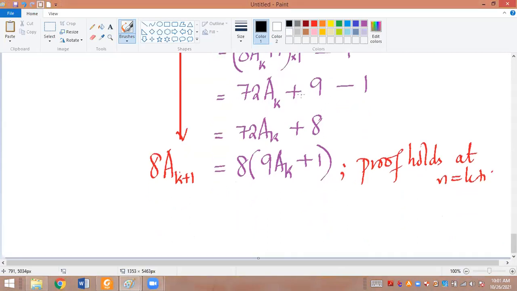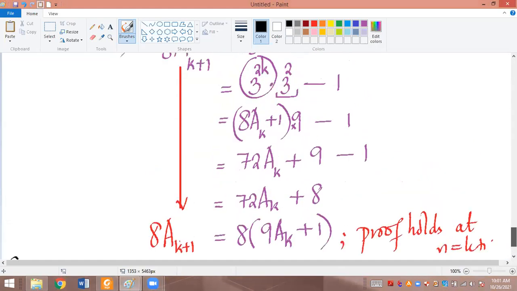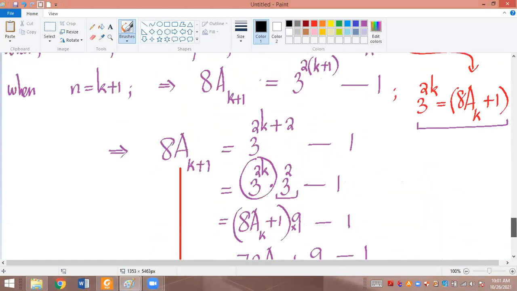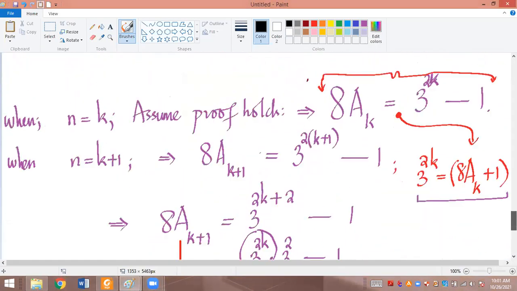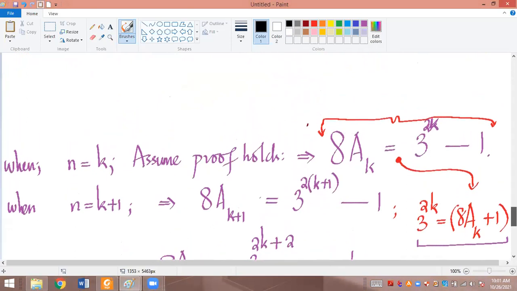Excuse me, sir. Yes, please. Sir, I'm kind of lost where we're substituting for n equal to k and n equal to k plus 1. Why do we add 8a k? Why don't we say a k plus the 8 as a multiple of? I beg your pardon?